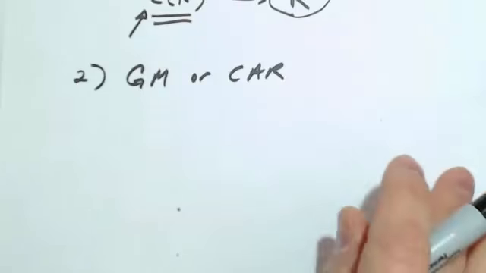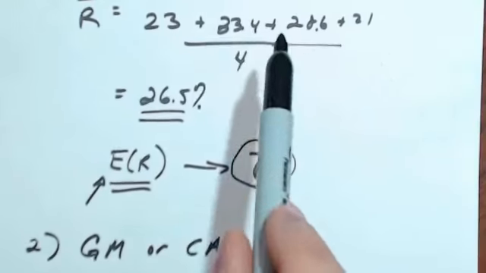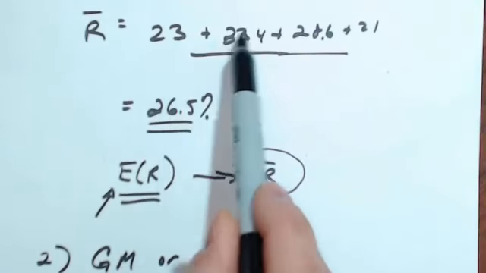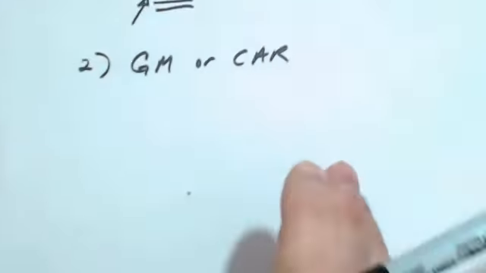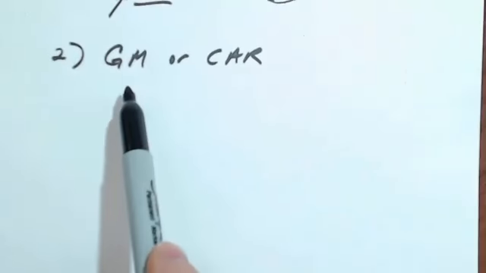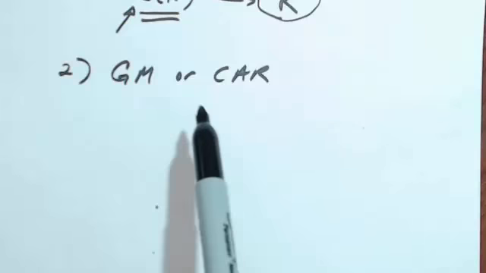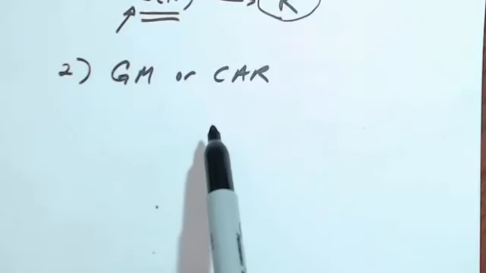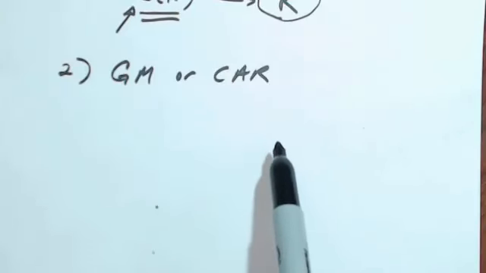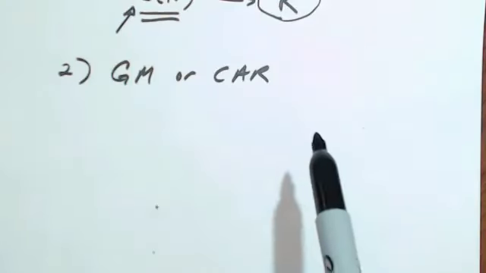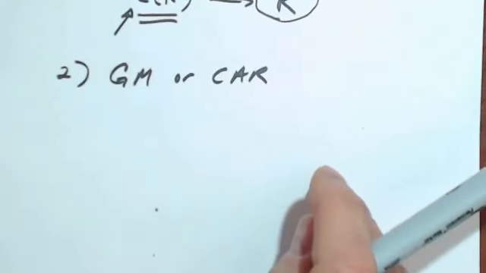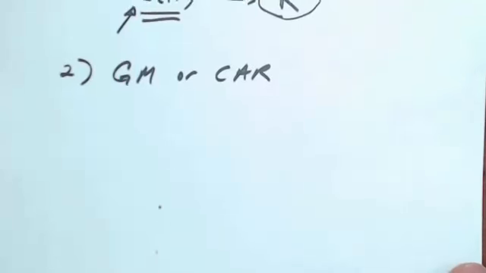When you take arithmetic, we added things up and divided. When you take compound average returns, you're going to multiply the holding period returns, and then we're going to have to take it to an exponential power to basically do the division on it, and come up with an average geometric return, a compound average return.